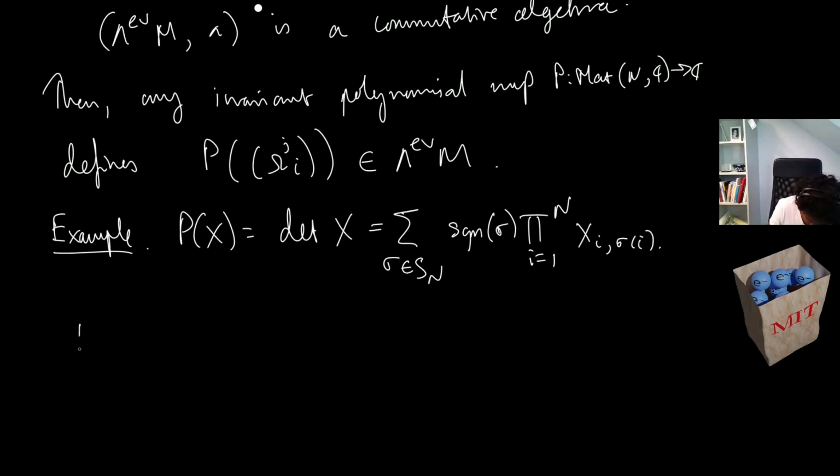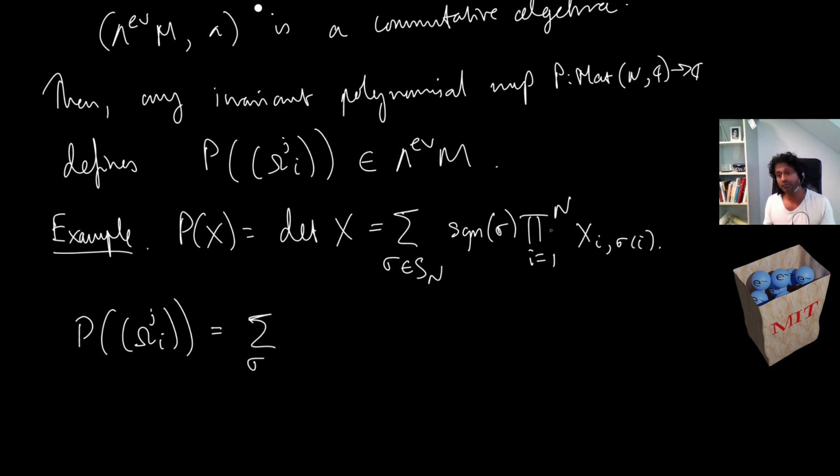So now what is P of Ω^j_i as a matrix? This is precisely where it's almost like a functional calculus, right?